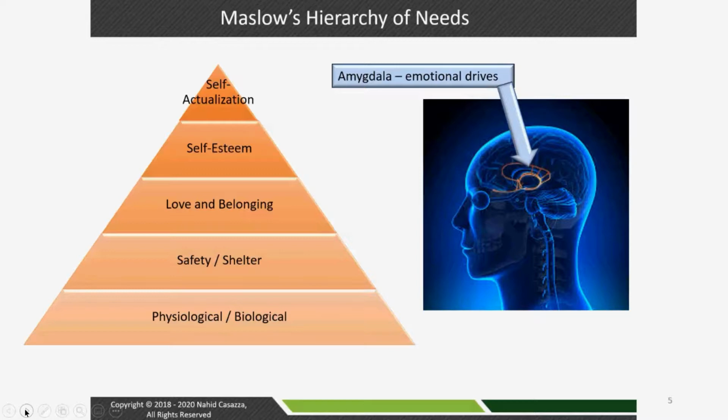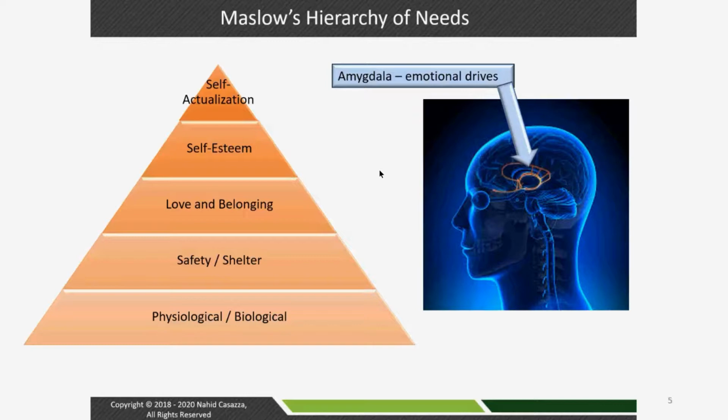Abraham Maslow was a psychologist, and he came up with this model that is extremely popular and is probably taught in every Psychology 101 class in colleges across the nation. And it is his hierarchy of needs. Basically it says that all human beings have basic needs, and those needs are what drive us. And on a biological level, that's true.